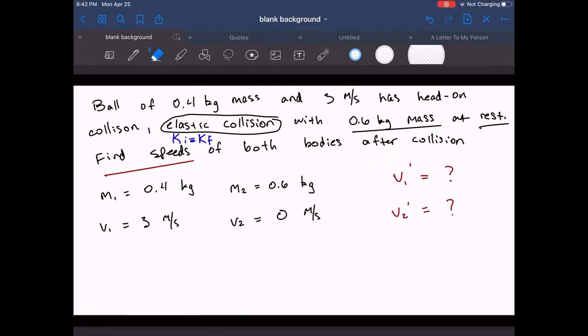To find the speed, we would use what is momentum equal to?